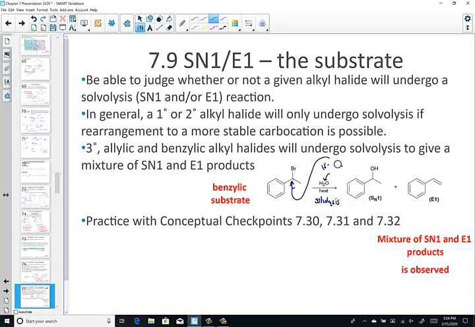Well, this still works because this resonance form helps to stabilize the positive charge. And so, yes, I would predict a unimolecular reaction would be fine with this case, even though this is secondary. It's sitting next to an aromatic ring, and therefore that positive charge can be stabilized through the delocalized electrons of the benzene ring. So we would have both SN1 and E1 reactions occur.